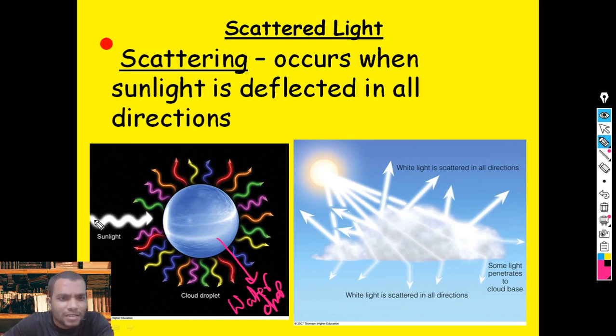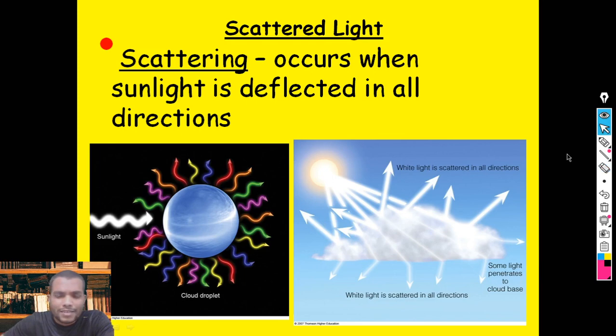When sunlight is striking this water droplet, something is happening between the water droplet and the sunlight. Now you can see the light is scattering in all directions. This phenomenon is known as scattering of light.